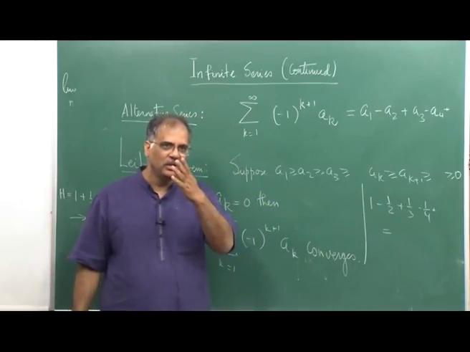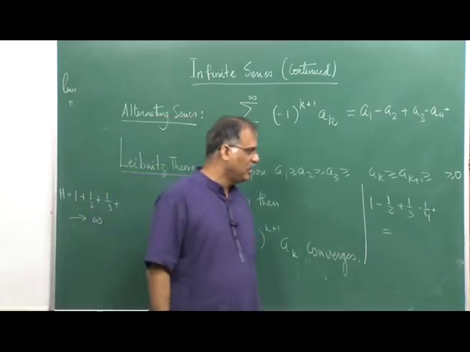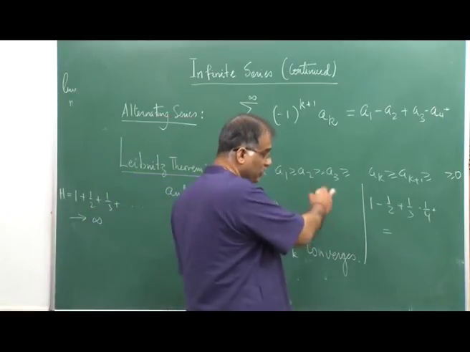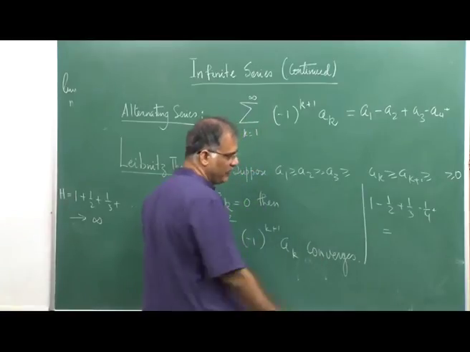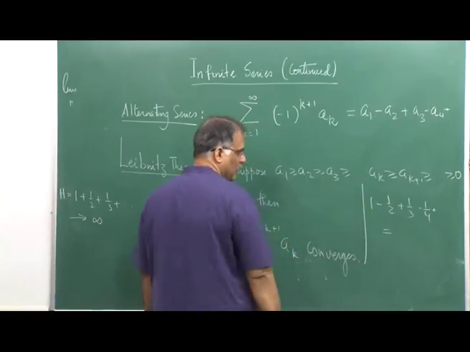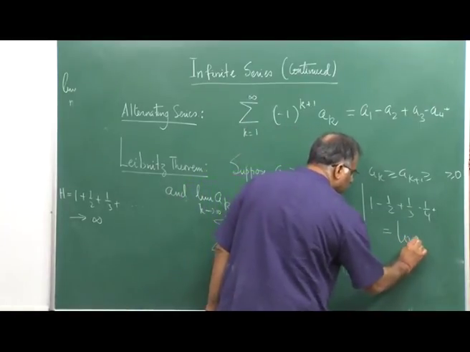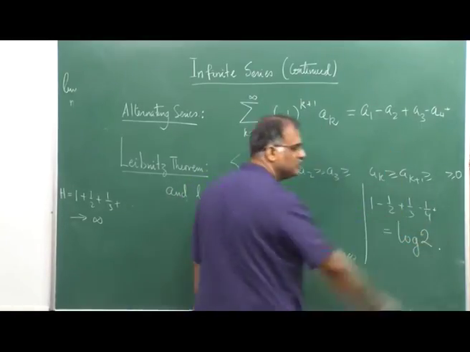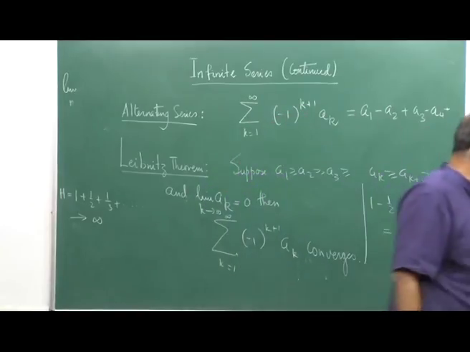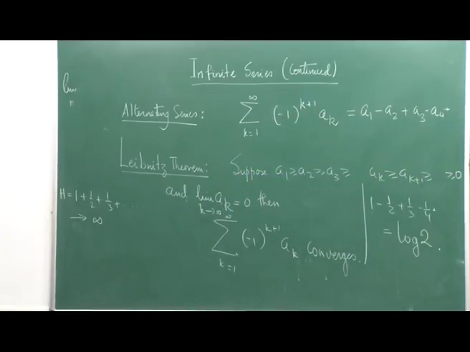You will be fascinated to know this, and there is obviously a lot more mathematics to be done to actually figure out the sum of this series. The sum of the series is logarithm of 2, and with this fascinating result, I end my discussion here. Thank you very much.